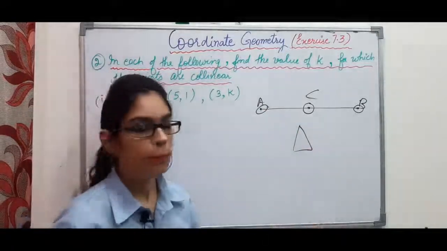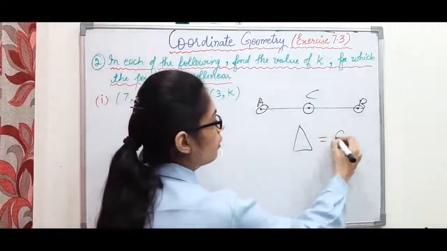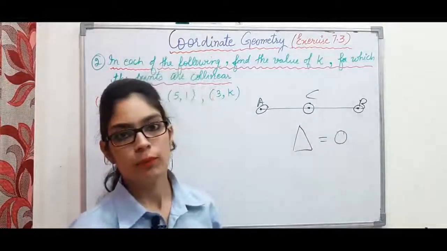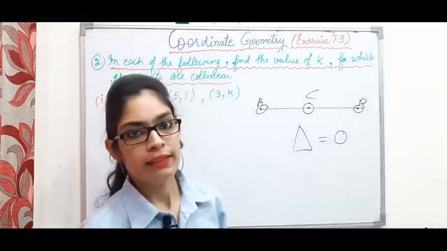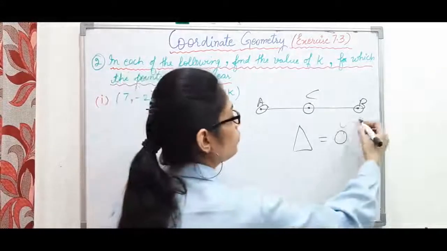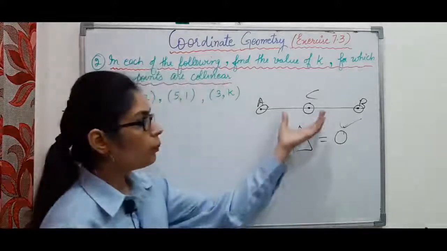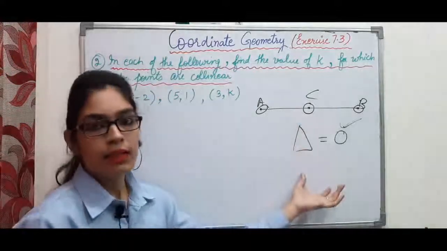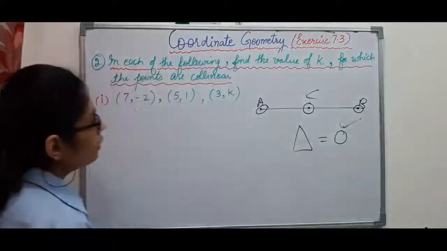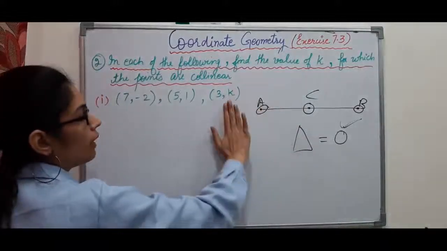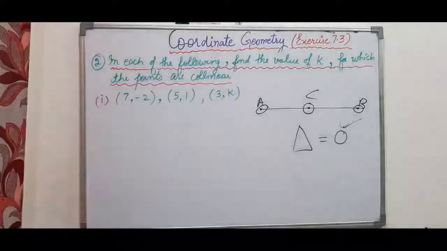If they cannot form a triangle, then the area of the triangle will be 0, because there is no triangle, there will not be any area. So if the points are collinear, the area of the triangle will be 0, and by using this we can find the value of k.